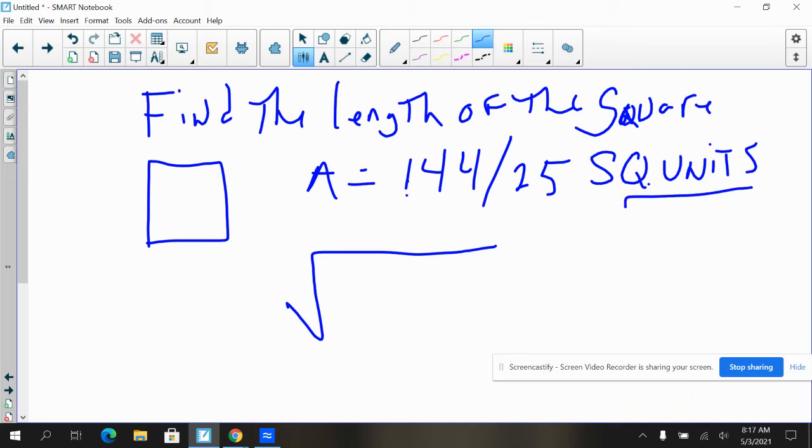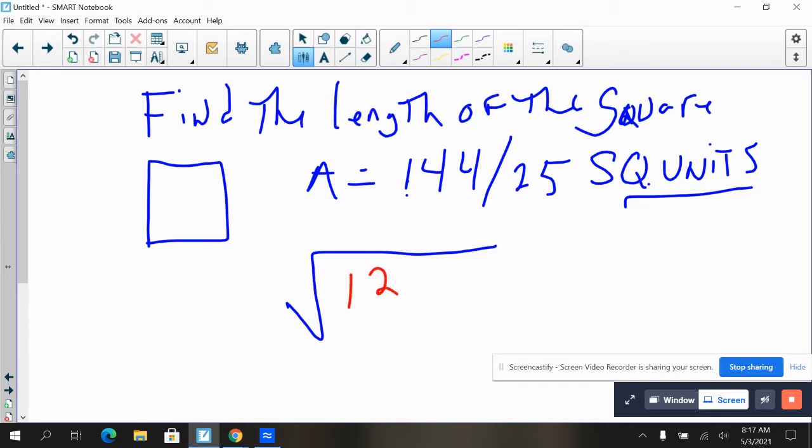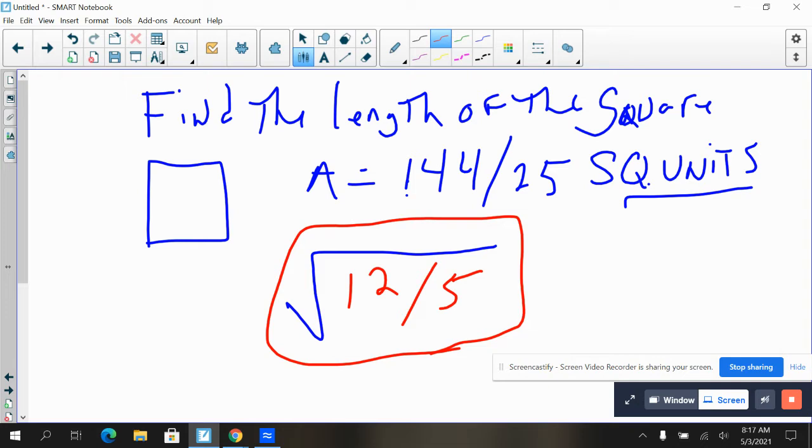Okay, that's 144 divided by 25. All you have to do is find the square root of the square of 144. You have the paper in front of you, so what would that be? That would be 12. Okay. Over, what's the square root of 25? 5, right? So this is your answer. So the length, see, we don't want the decimal.